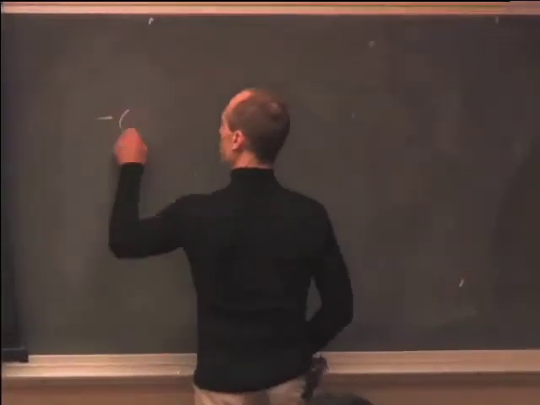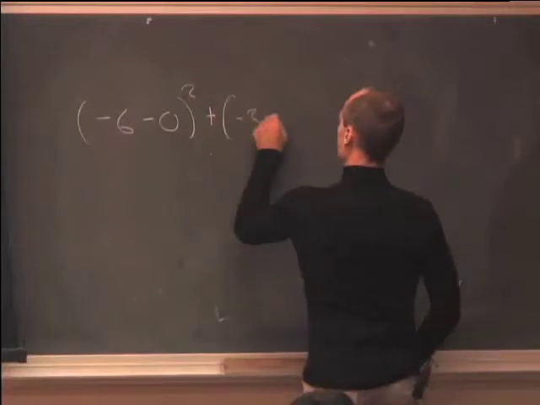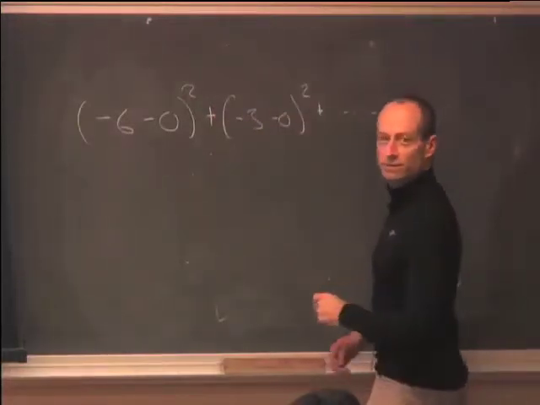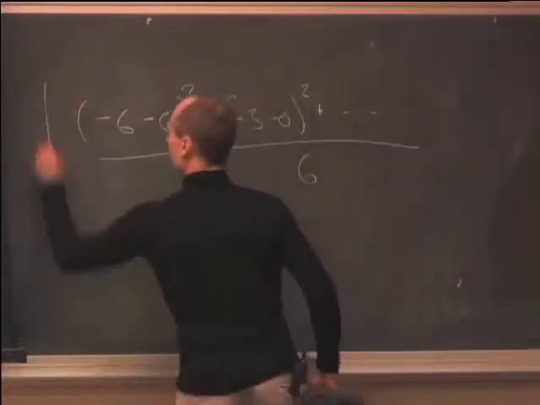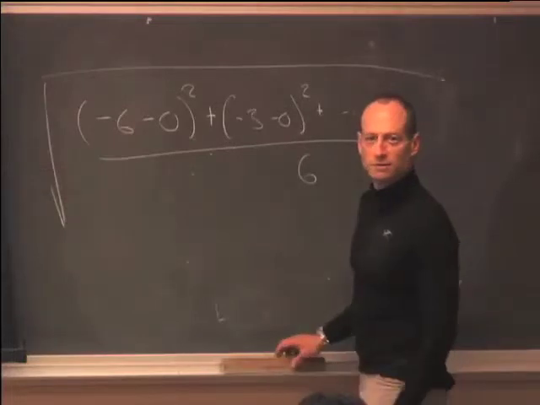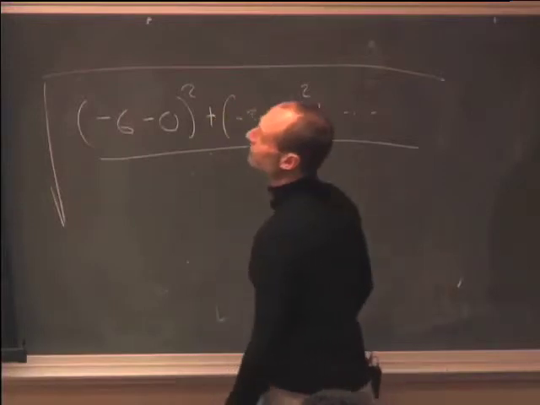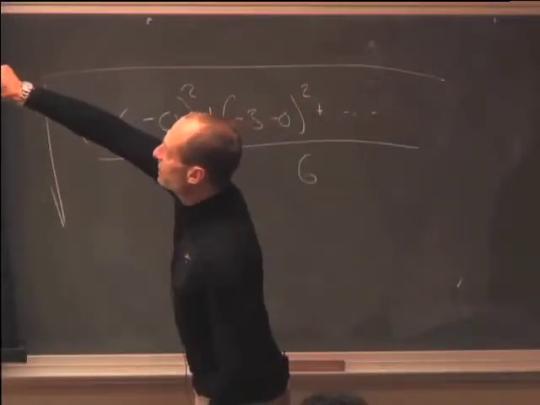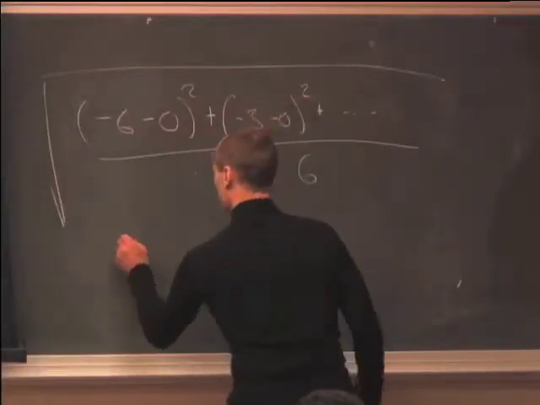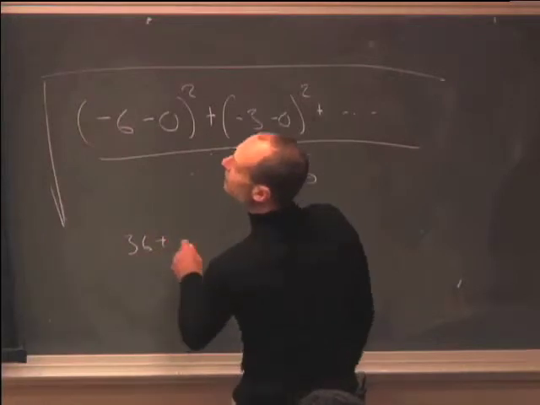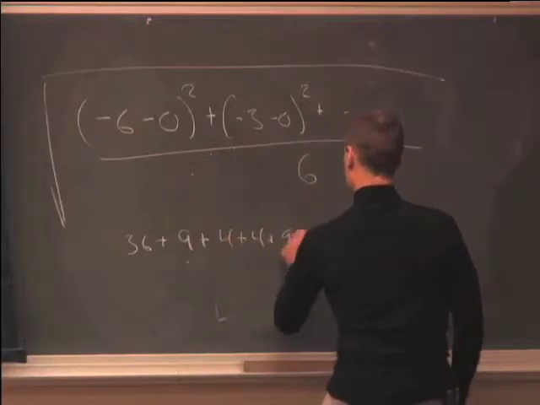Well, we're going to get minus 6 minus 0 squared plus minus 3 minus 0 squared plus et cetera, divided by 6, since there are 6 numbers in the box in all, and then we're going to take the square root of that. OK, so we've got 36 from each of those 2 terms on the end, the minus 6 and the plus 6. So we've got 36 plus 9 plus 4 plus 4 plus 9 plus 36.